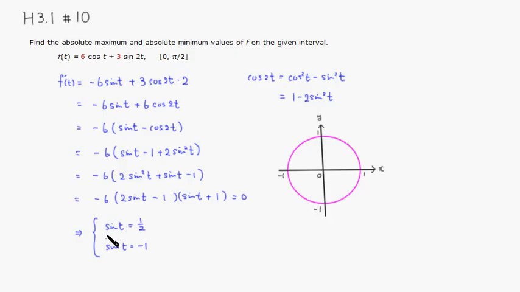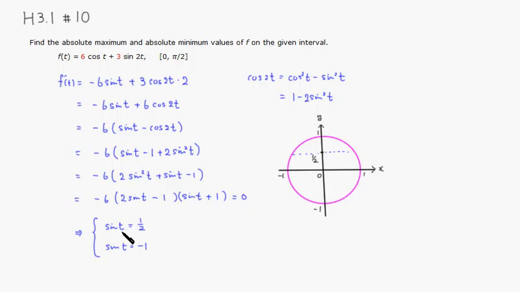Remember that sine represents the y-coordinate of the point on the unit circle. So 1/2 is somewhere around there. Then you can draw a dotted line to show the angle t we're looking at.